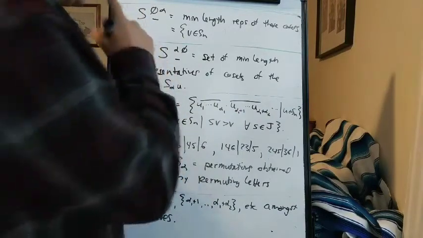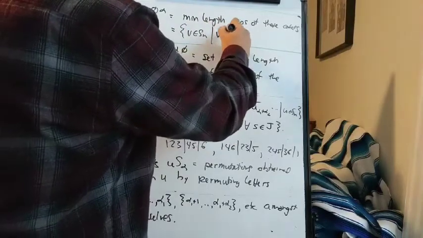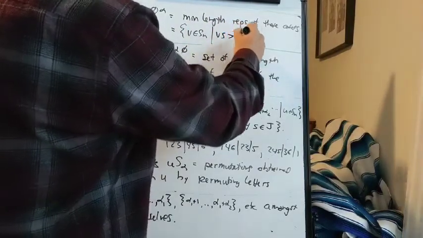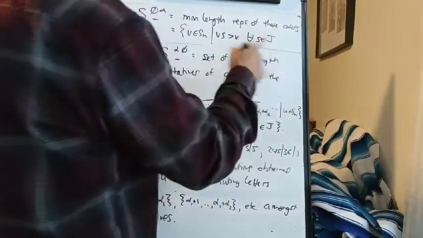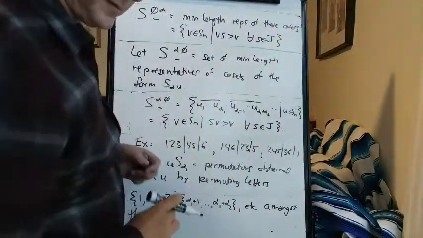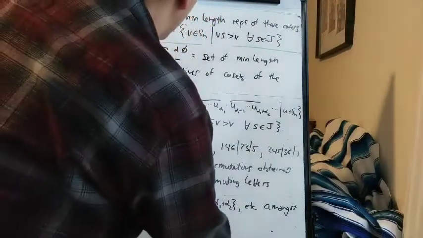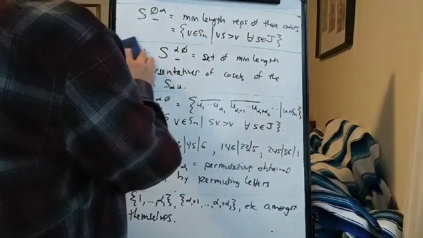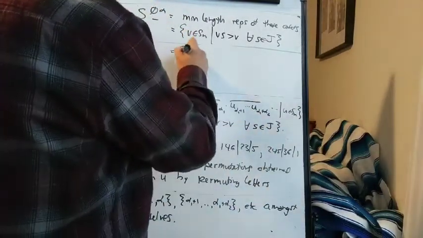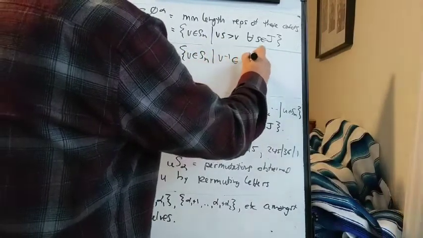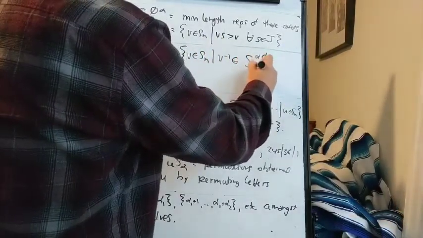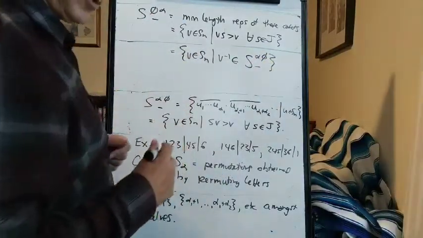These are all the permutations V in Sn such that Vs is greater than V for all generators s in the set J defined in terms of alpha. We can also say this is all the permutations V in Sn such that V inverse belongs to S^{α,∅}_-, because inverting is just writing the generators backwards.